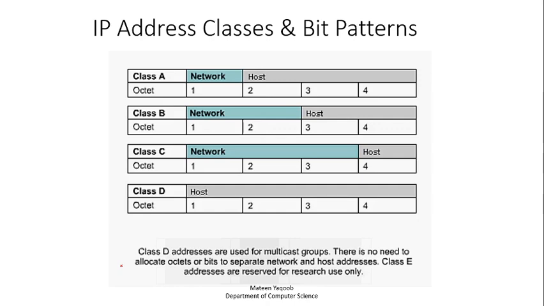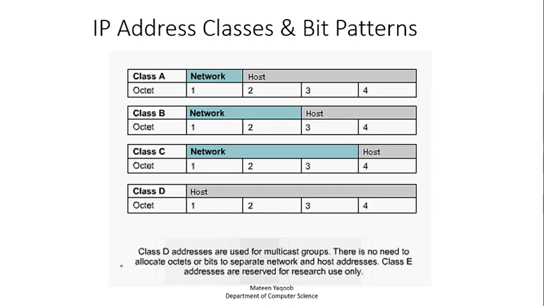So in IP addresses, the first octet, or the first byte, determines the class of the IP address. There are 4 classes in an IP address version 4. The first class is called class A, and in IP address classes we have something called a network part, or network portion, and then a host part, or host portion.